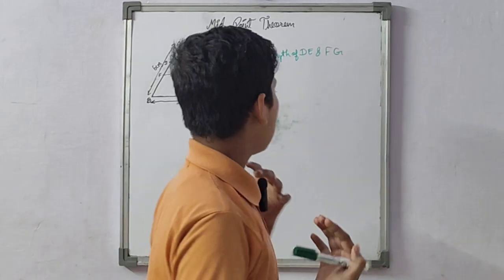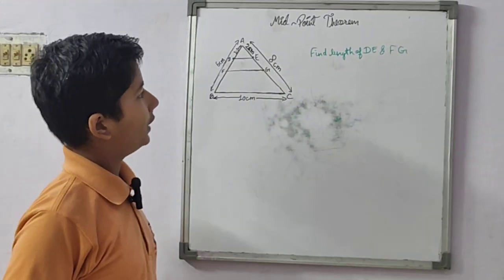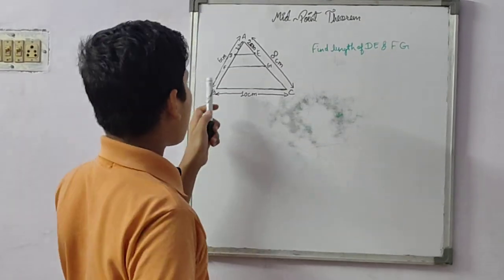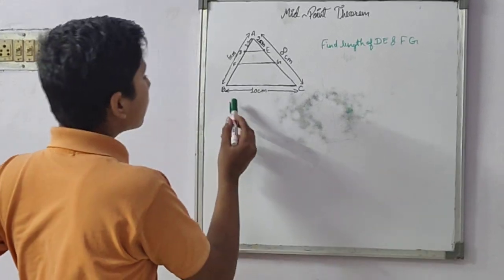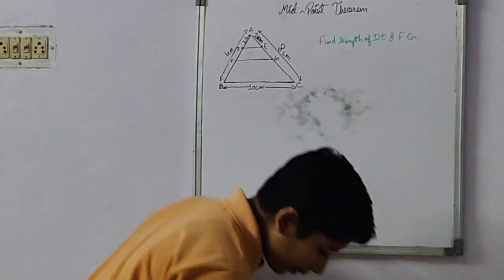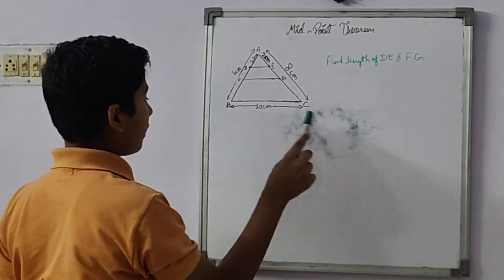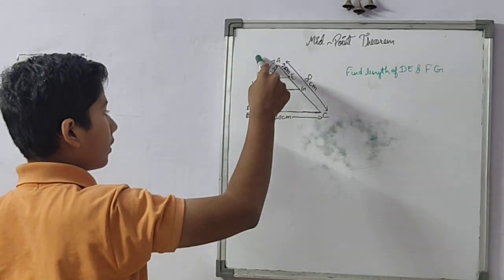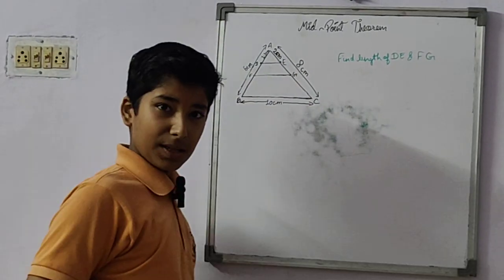So friends, this is our question. In this we have to find the length of DE and FG. Firstly, see the dimensions of the figure. The bottom side, the base, is 10 centimeter. The other side is 6 centimeter and this one is 8 centimeter.